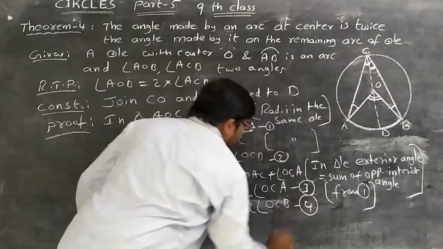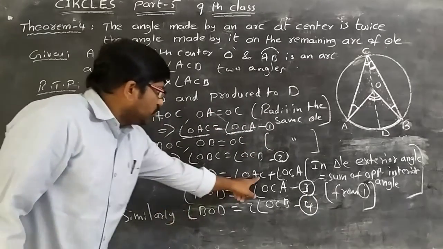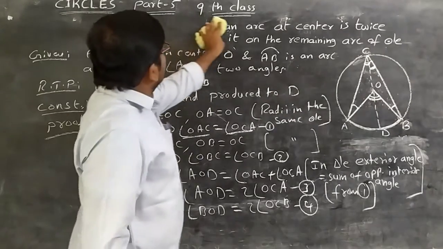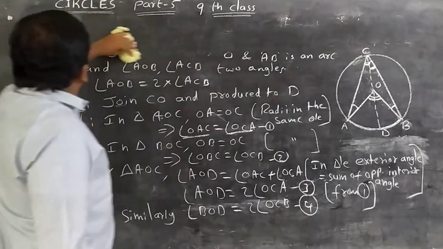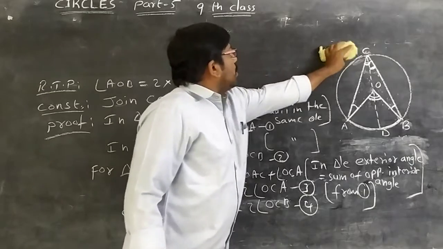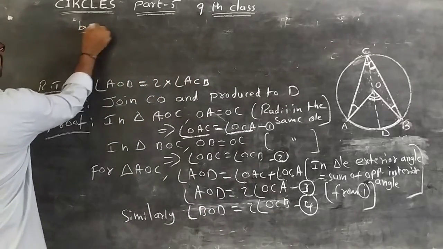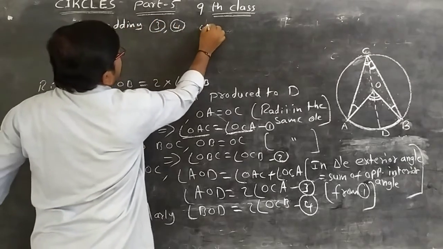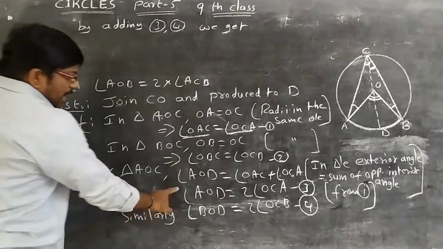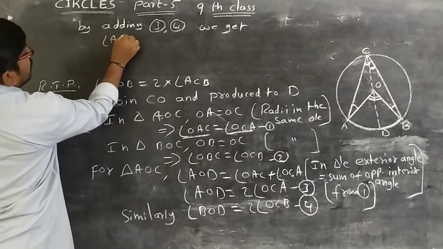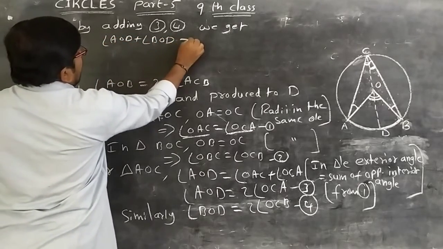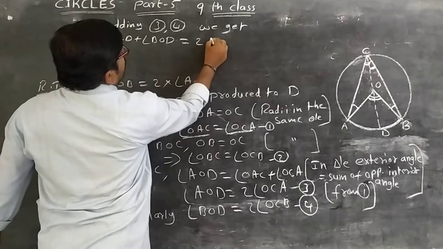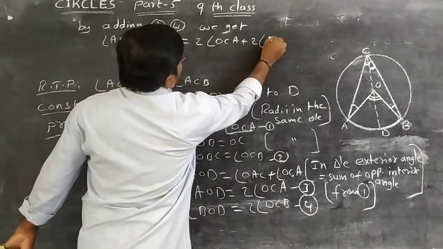This is equation 4, right? By adding 3 and 4, we get angle AOD plus angle BOD is equal to 2 angle OCA plus 2 angle OCB.